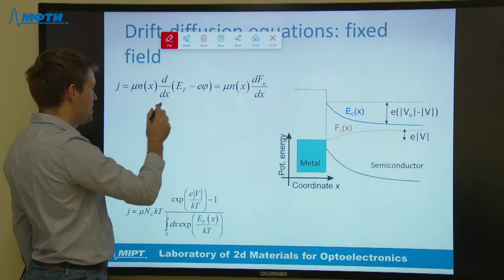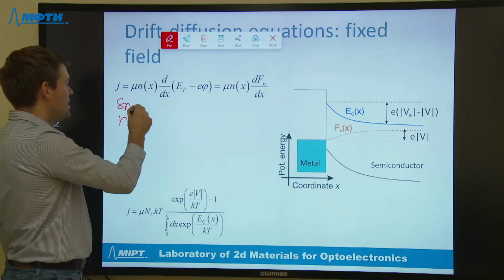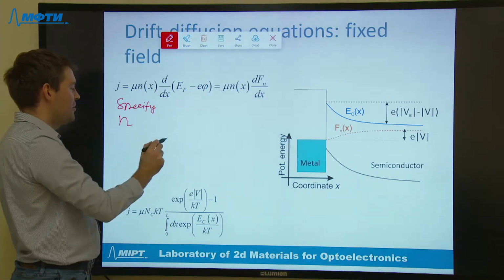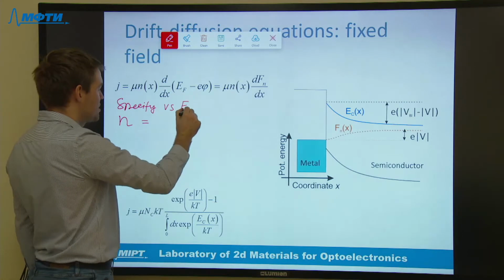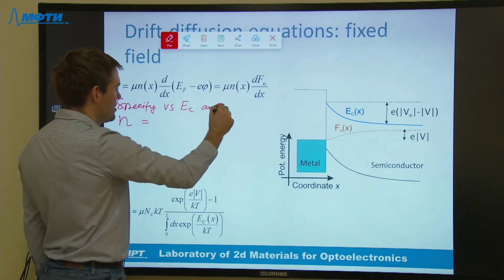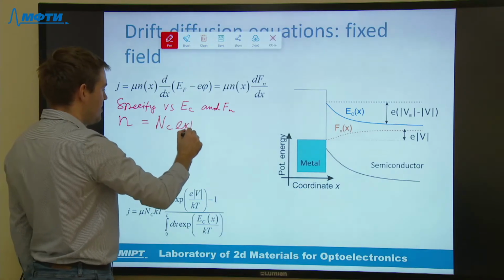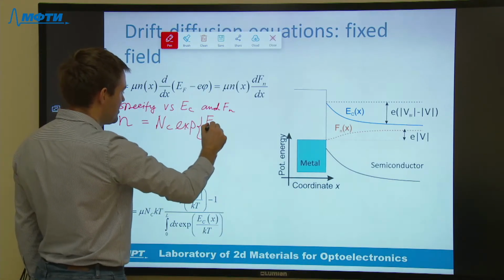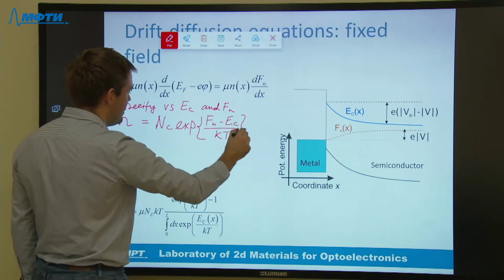This is not a strict procedure, but it works fine in many cases. First, you need to specify the carrier density in terms of conduction band bottom and quasi-Fermi level, as the conduction effective density of states times exponent of quasi-Fermi level minus EC divided by kT.